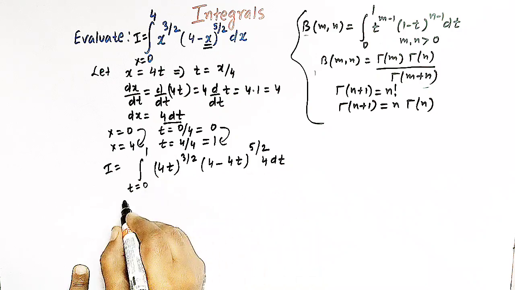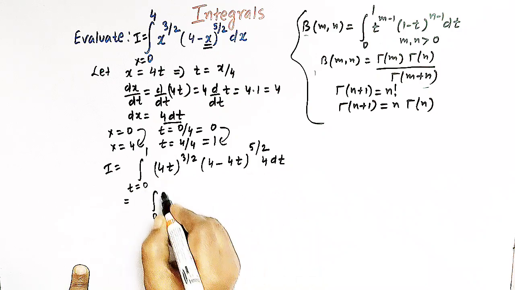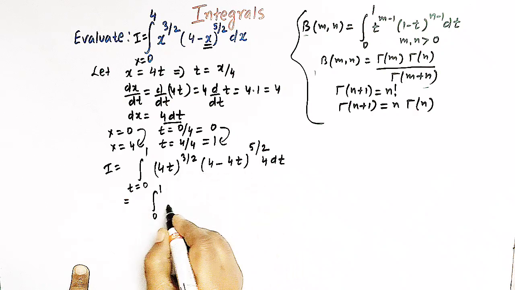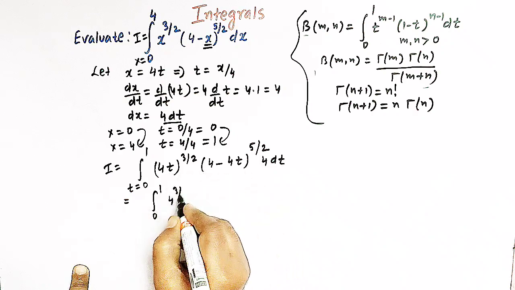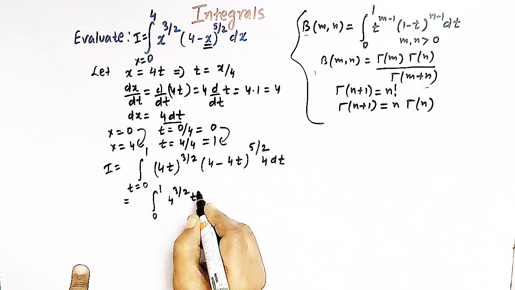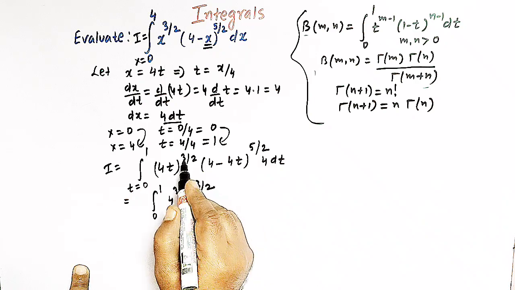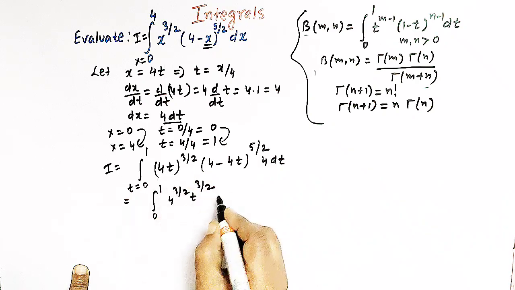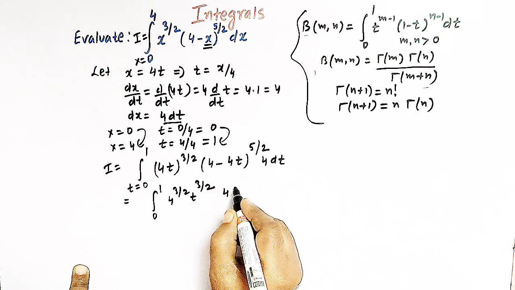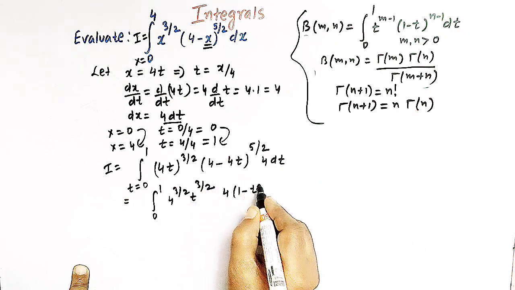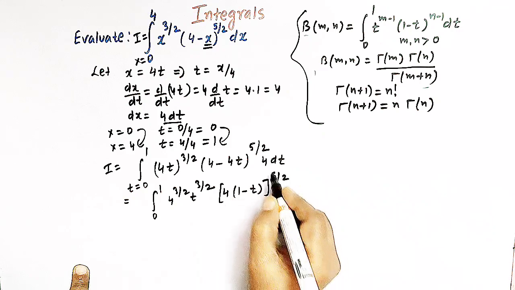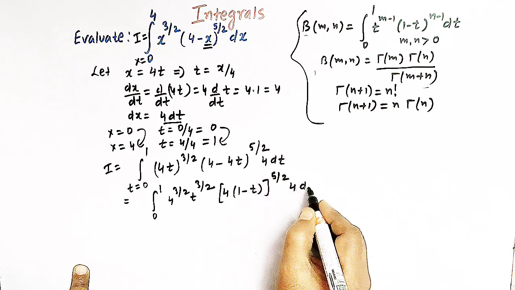Now let us simplify this integrand. We have 4 raised to 3 by 2, and then t raised to 3 by 2, distributing this power to 4 and t. Here we can take 4 common, so we have 4 times (1 minus t) raised to 5 over 2, and here we have 4 dt.